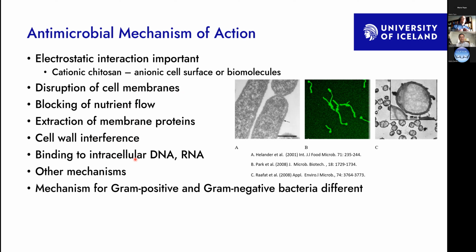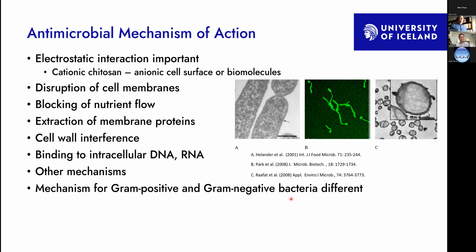So this is interfering with the function of the cell, and there is intracellular activity for small chito-oligomers that are taken into the cells, and there are various other mechanisms. And what is also very often stated is that you have a different mechanism for gram-positive and gram-negative bacteria.